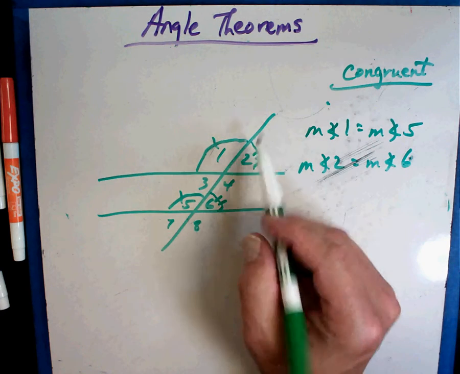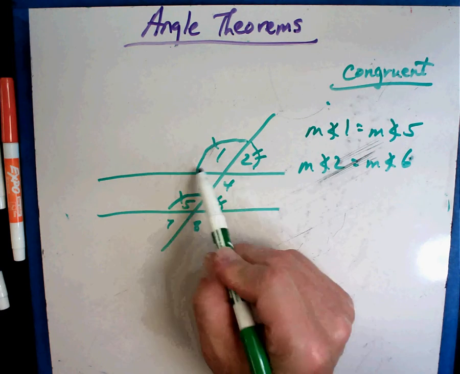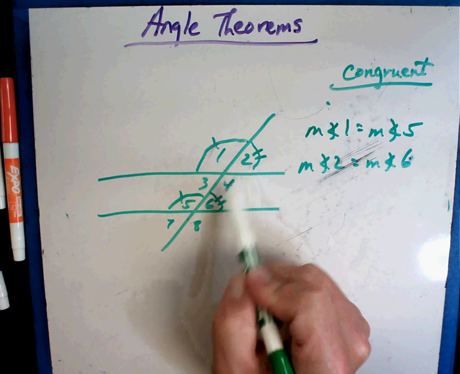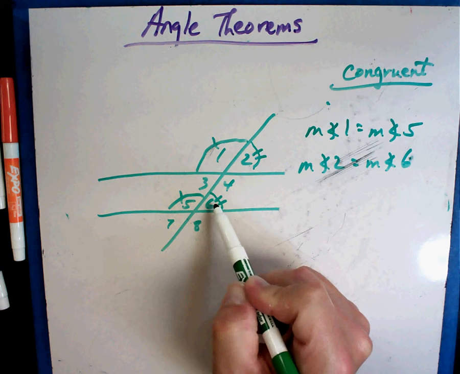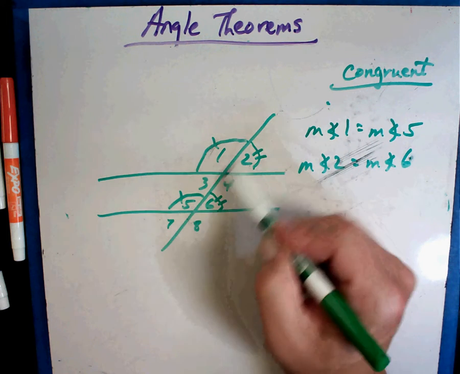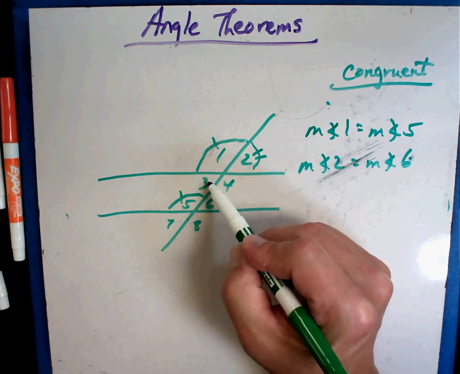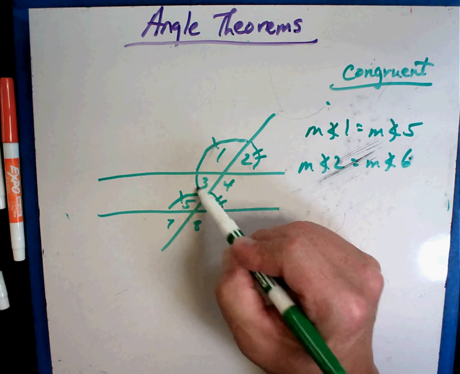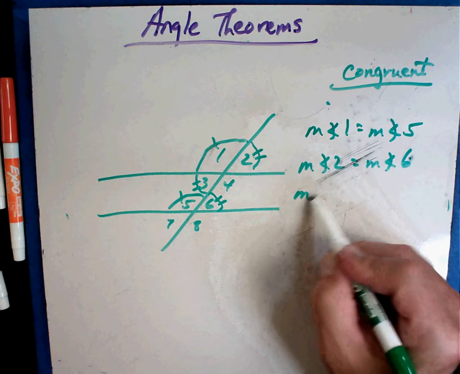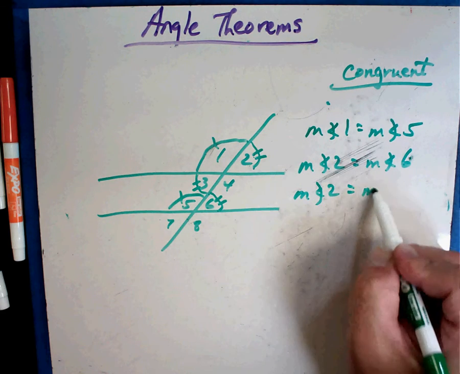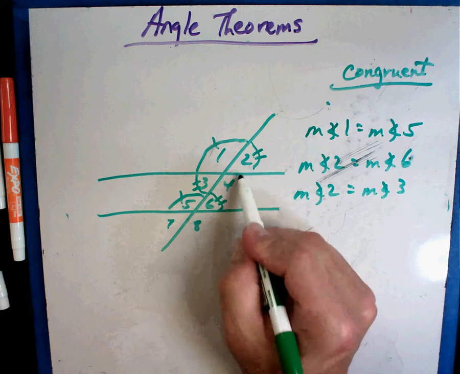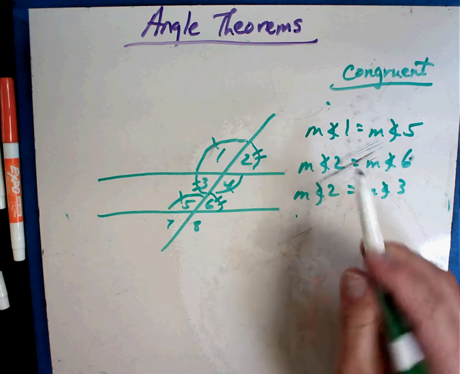Now, if I cut through here, that's a straight line, that's 180. So whatever minus 180 gives me this number, that's why those are equal to each other. That also means that this is a line also, so 180 minus this angle not only gives me 2, it also gives me 3. So the measure of angle 2 equals the measure of angle 3. Those are alternate interior angles. That also means that 1 and 4 are equal to each other.